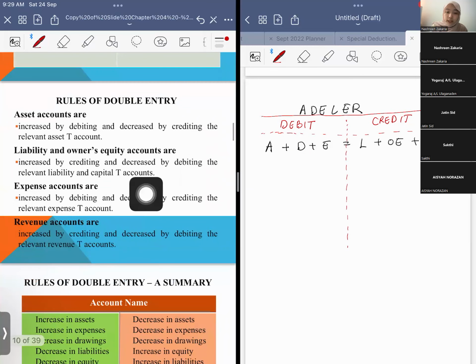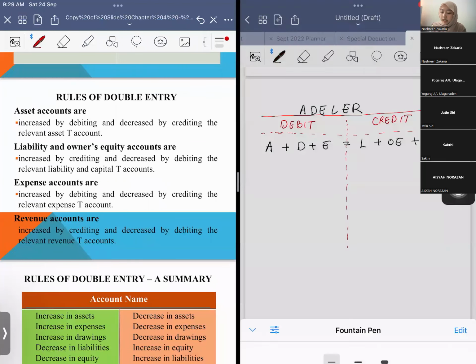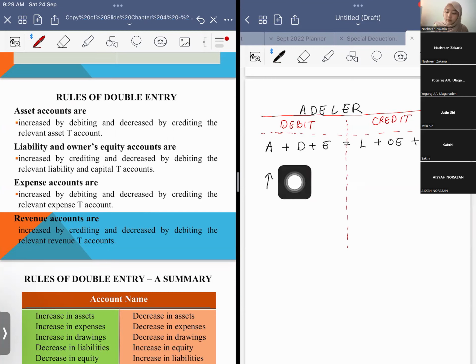Back to the rules of double entry. Asset is here. Asset increases by debiting and decreases by crediting the relevant asset T account. It means that whatever is on the debit side, when it's increasing, let's say in one transaction you found that it will increase the asset, the drawing account, or the expenses account. Whatever is increasing in these three elements, we will debit it.